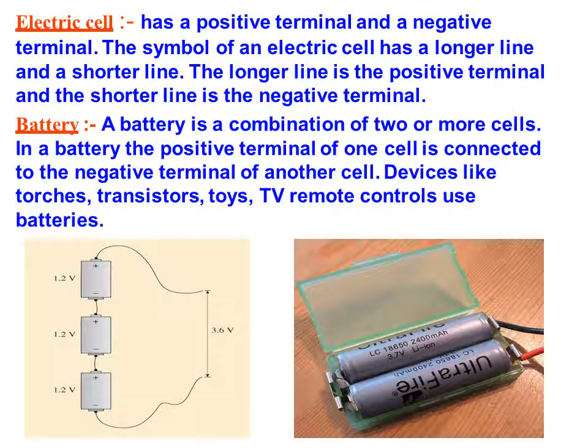Similarly, positive and negative are connected. So battery is the combination of two or more cells, and when at last the negative terminal and the positive terminal are attached to the bulb, it starts glowing.